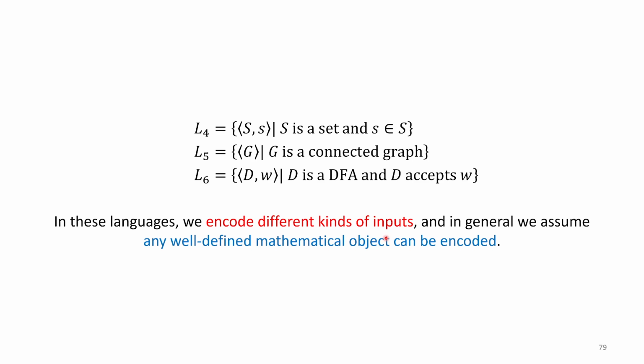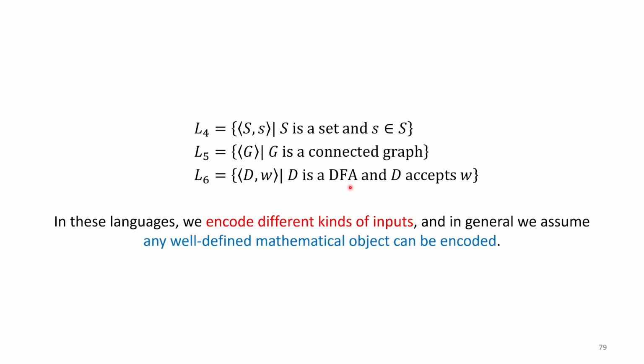We don't have to go into a lot of detail. So for instance, in language 4 here, I've encoded a set and maybe a member of that set. And I'm just saying S is a set and little s is a member of S. Okay, that's the set membership problem basically. We could also have this language here where G is a connected graph. So this is some kind of graph that's been encoded, and we want to check to see if it's connected.